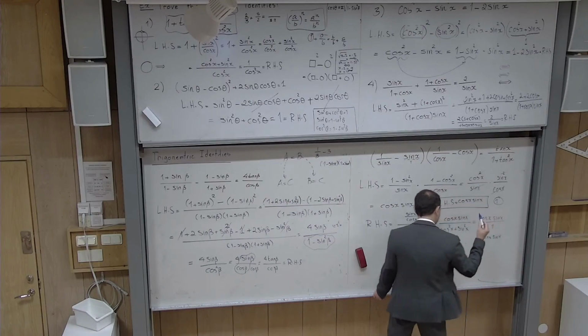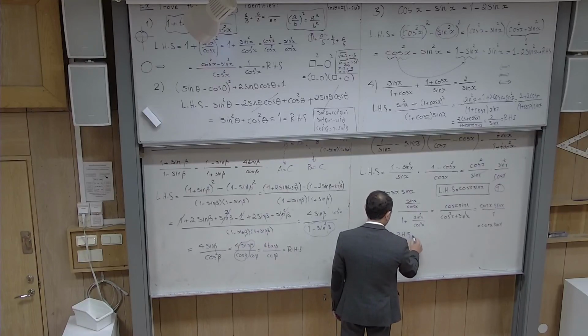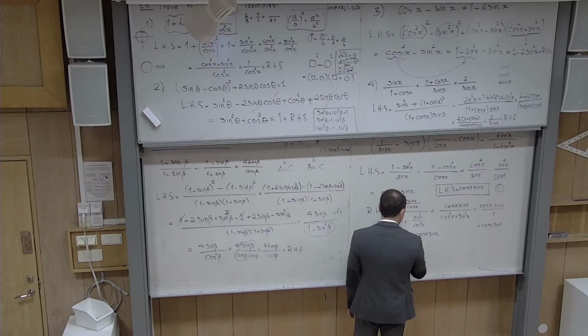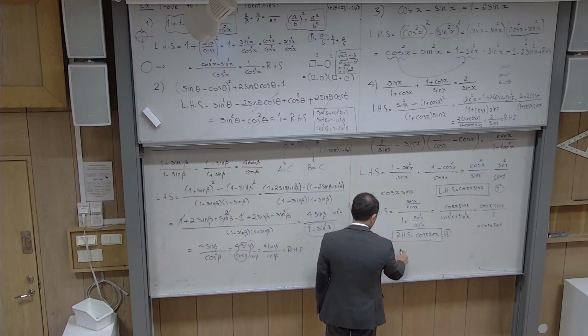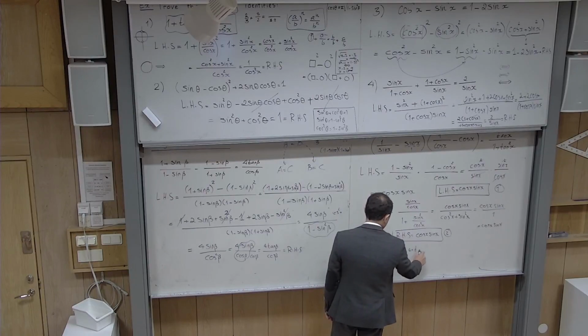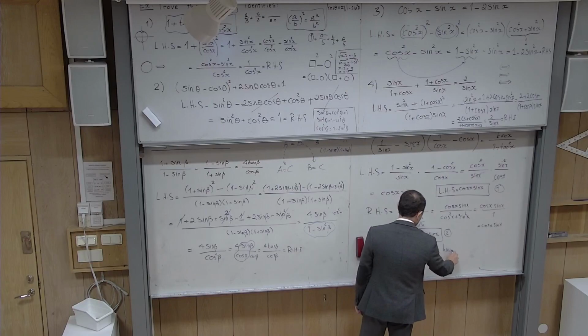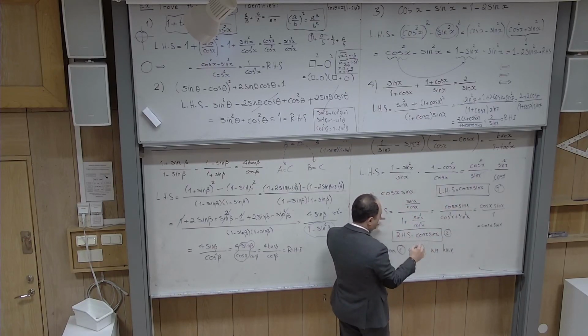And then this is the proper way of writing, by the way. So you have to respect the way to write if you want to use this method. So the right hand side is cosine x sine x. You put it in a box, for example, and give it a number 2, and then you would say that from 1 and 2, you see that the left hand side and the right hand side are equal to the same number.